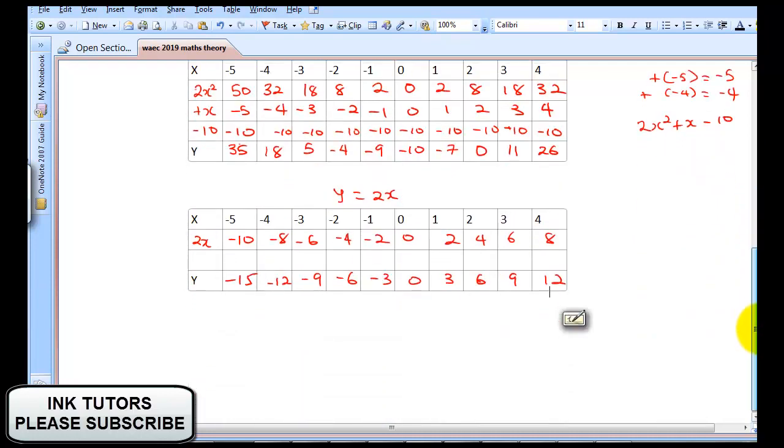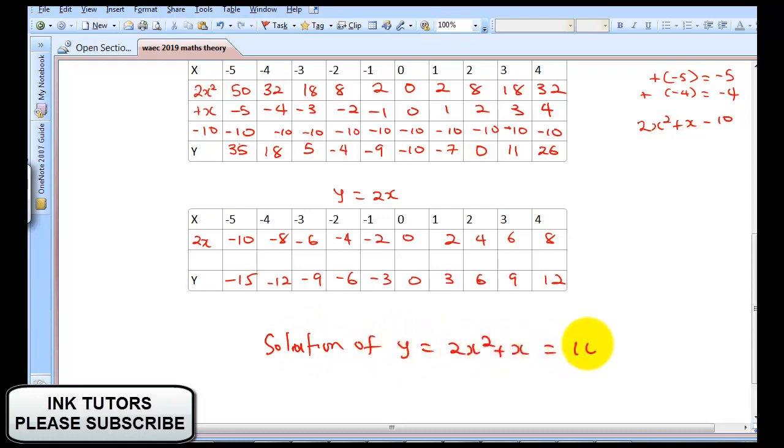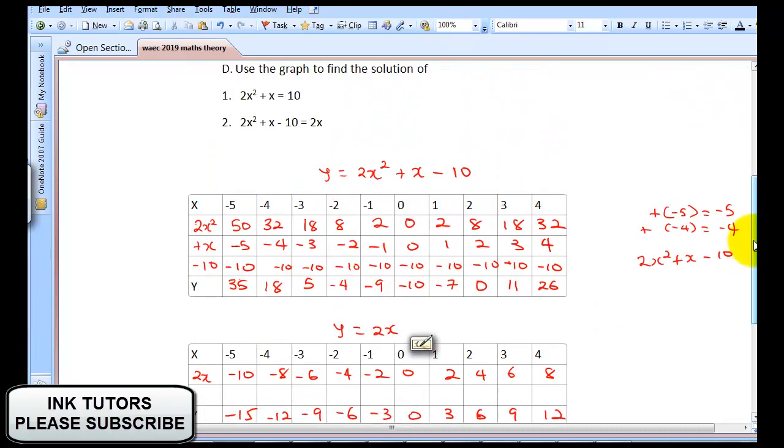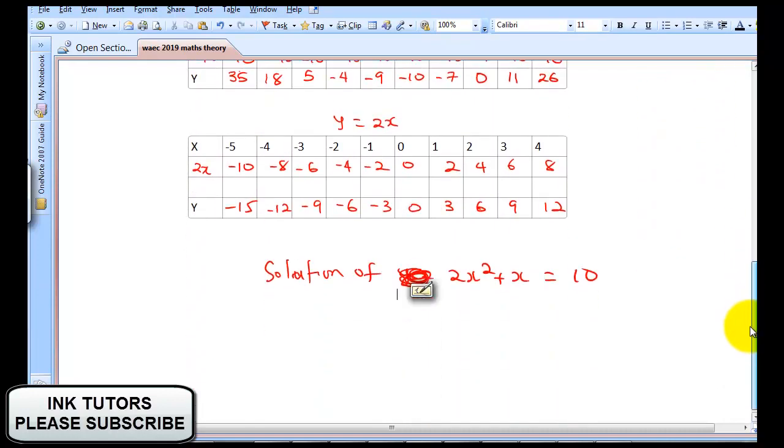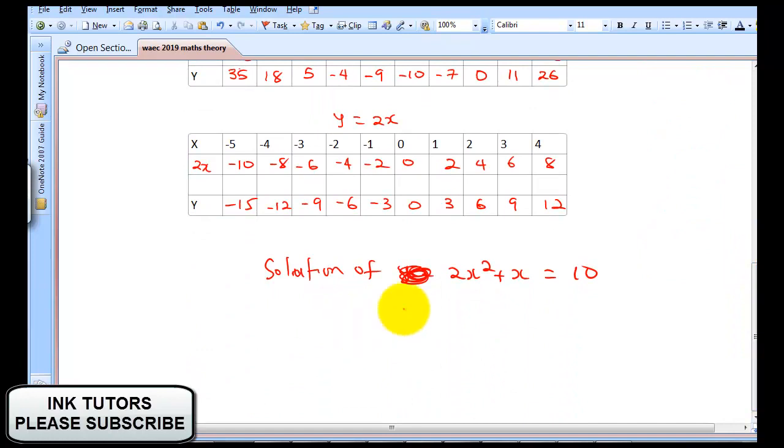Now, the first thing I'm going to show you, we're asked to find the solution of 2x squared plus x equal to 10. Now, notice from your graph, we plotted a graph of y equals 2x squared plus x minus 10. If you look at this equation, collect like terms.